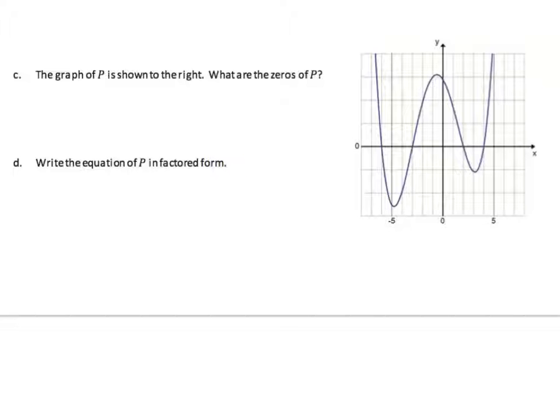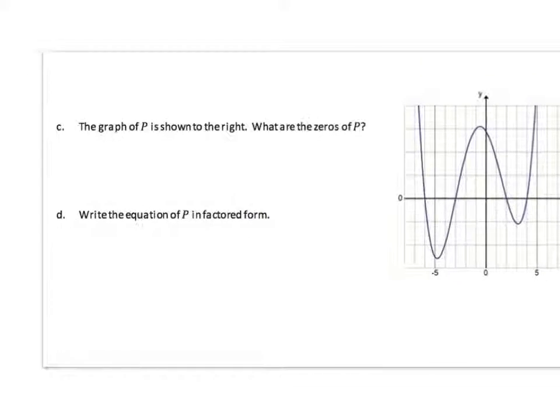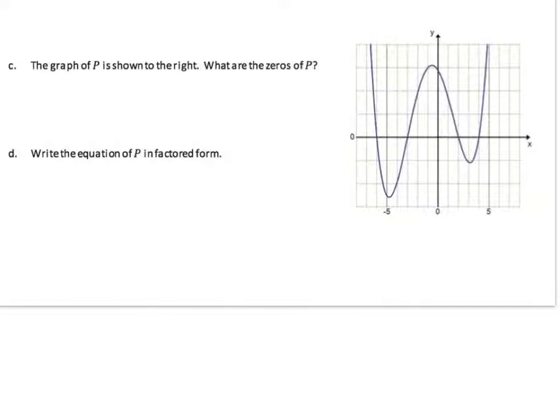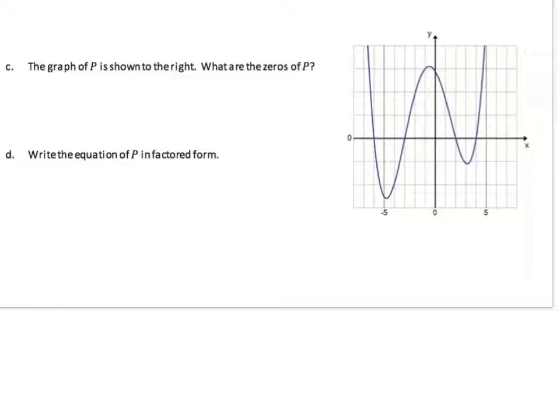I think we're missing c. Hold on. Oh, the graph of p is shown to the right. What are the zeros of p? Here I have negative 6, 1, 2, 3, 2, and 4.